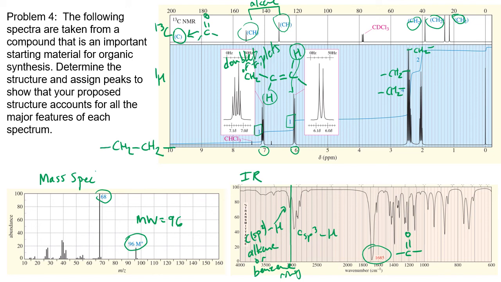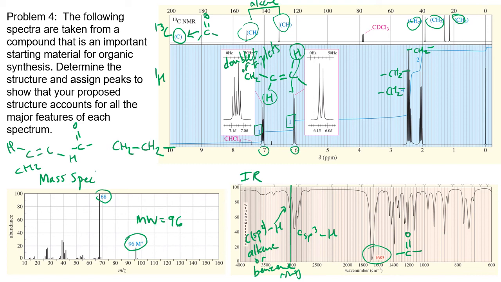We know that we have a carbon-oxygen double bond. We know that we have a carbon-carbon double bond with a hydrogen, another hydrogen, and we know that we have a CH2. So let's add up all of those numbers and see what atoms we're missing.